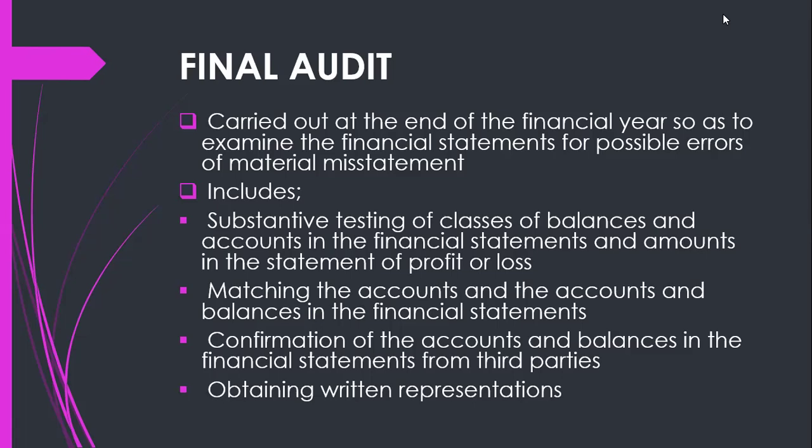Then we also carry out confirmation of accounts and balances in the financial statements from third parties. We've got receivables. We confirm, saying, does this customer really owe us? So we call the third party, we call the customer. Maybe we've sold cement to Ngandu Consulting, and that's the only construction company that I know so far.